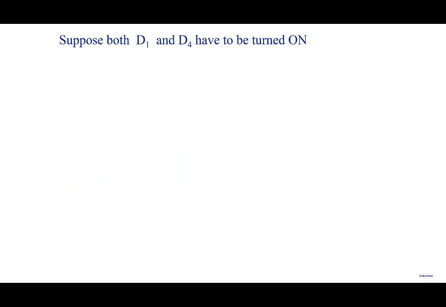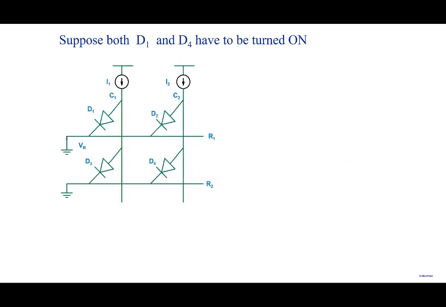Okay. But suppose both D1 and D4 have to be turned on. So my image requires that this LED should be on and this LED should also be on. If I want this LED to be on, I have to pass a current here because all current comes from external terminals here. And we'll have to make it ground because the current has to flow like this here.